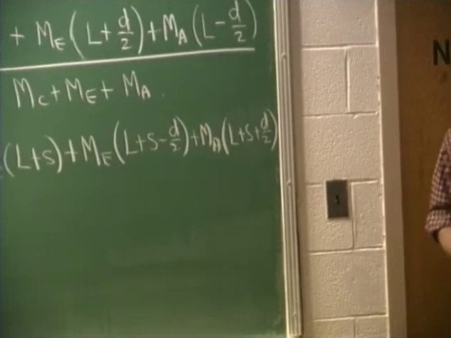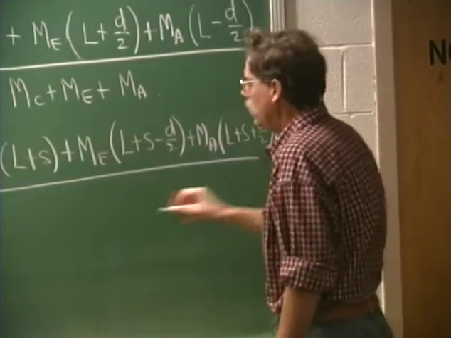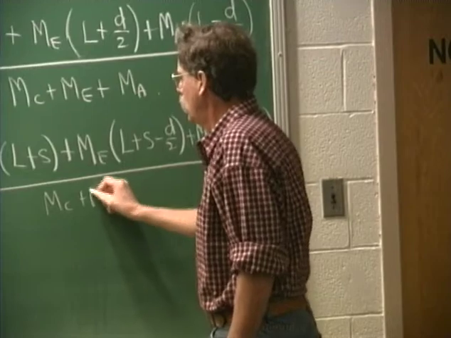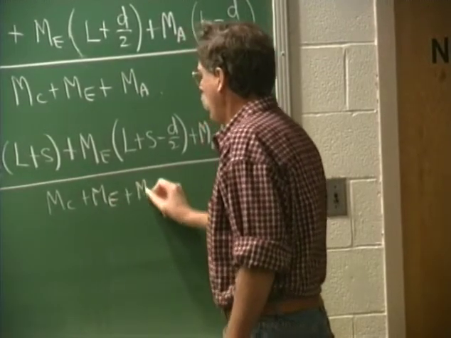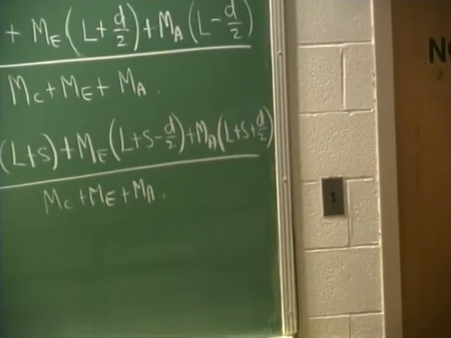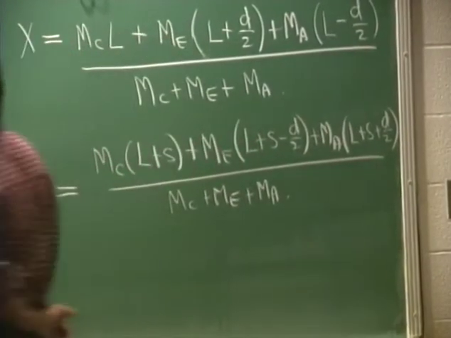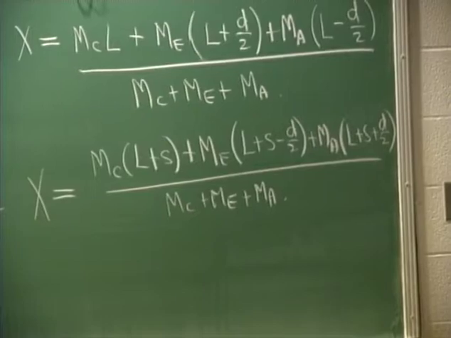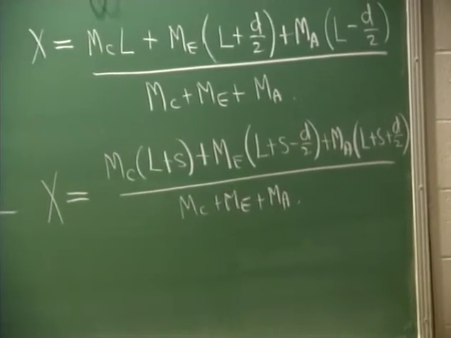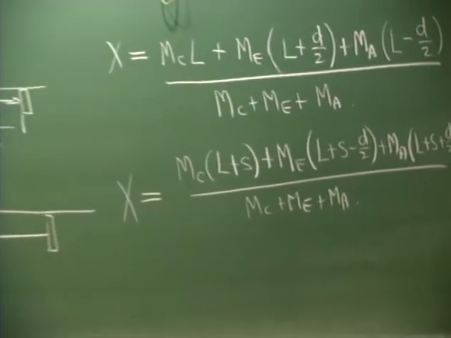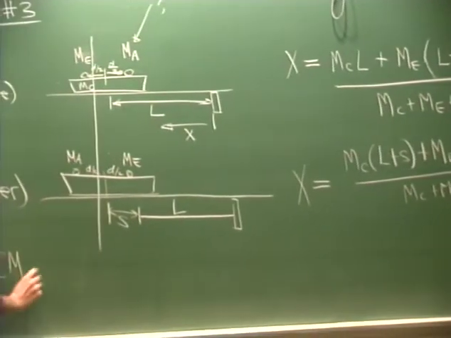Make sense? And then divide the whole thing by the sum of the masses. So that's the center of mass afterwards, and that center of mass, wherever it is, is supposed to be the same in both configurations. Center of mass does not move.